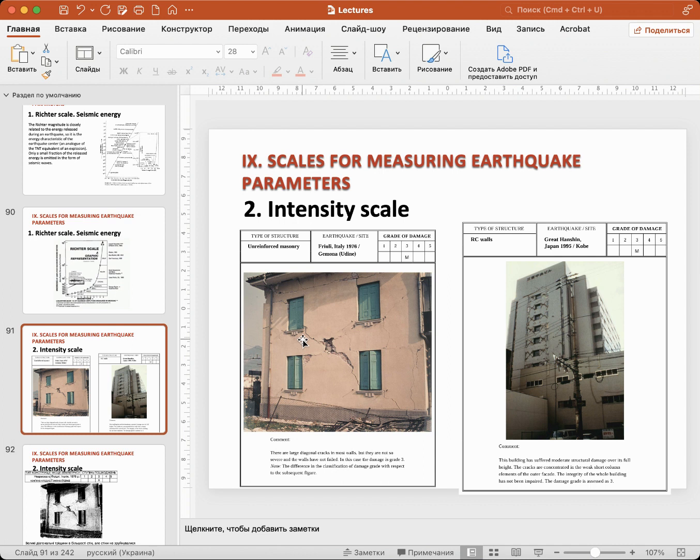This deformation shows us that our building had a deformation with grade of damage number 3. In this case, we have almost the same deformations, but those deformations were in reinforced concrete walls.